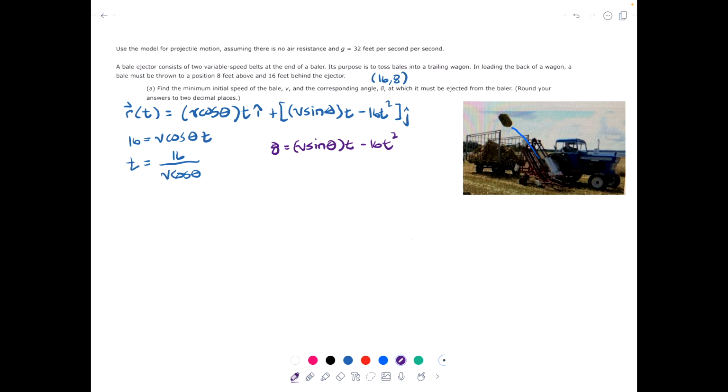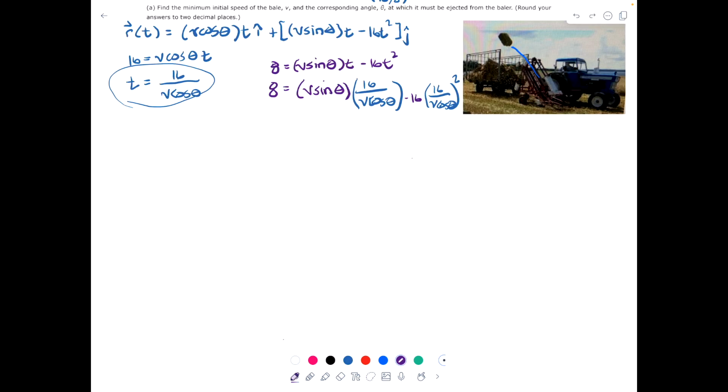So if I plug in what I got for t over here, I'll end up with 8 equals V sine theta times t, which was 16 over V cosine theta, and then minus 16 times t squared. So you'll have 16 over V cosine theta, the quantity squared.